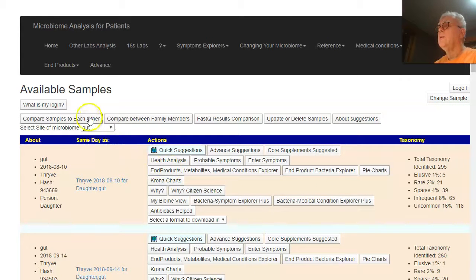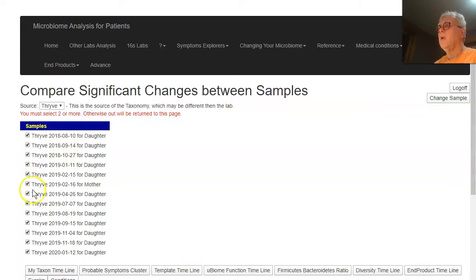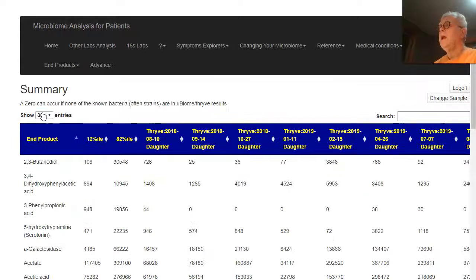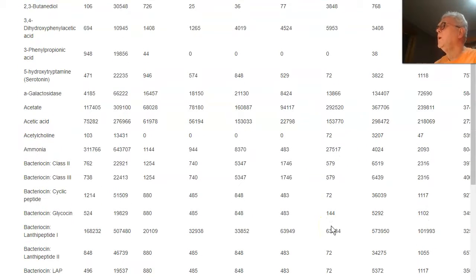Going back here, and we do this once more, and we look at end products. End products allows you to just quickly scan down. The end products are filtered to those where some sort of end product is reported for at least 600 people.